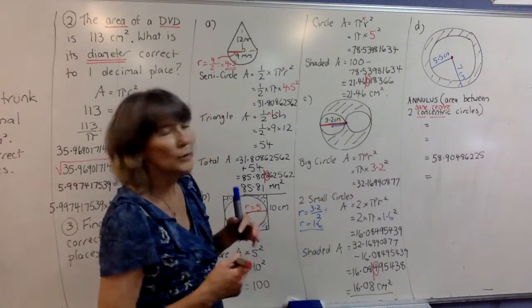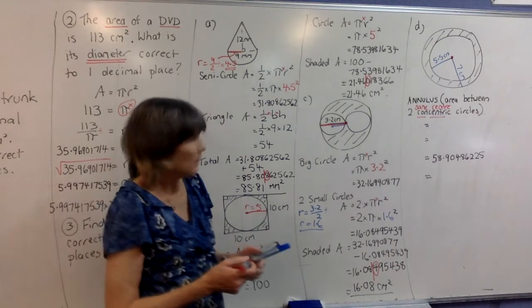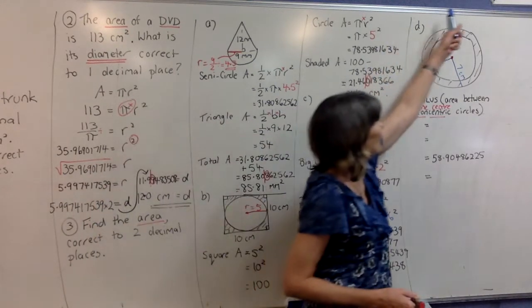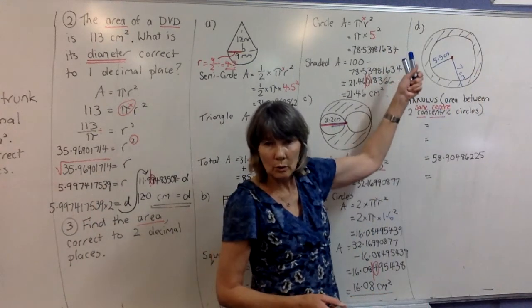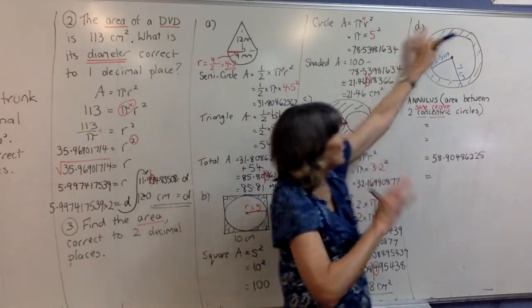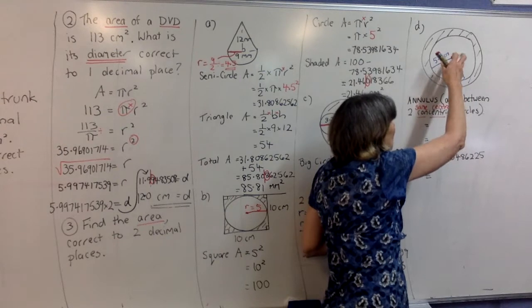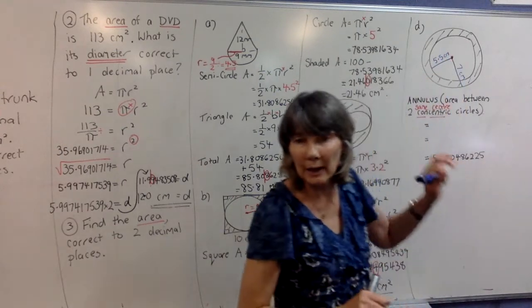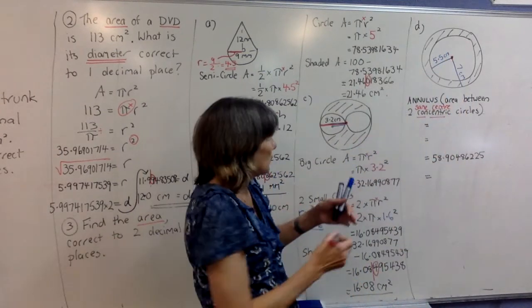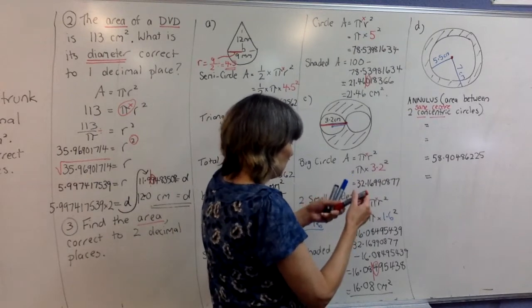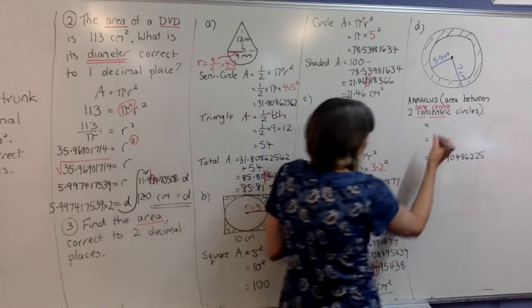Alright, so I'm going to try and do this all in one go. So we know that we're going to do the area of the big circle, and that would be the area inside the whole big circle. Then we get the area of the little circle, cut it out and throw it away so we're left with what we want. So this is the way I'm going to do it. I'm going to write it down like this.